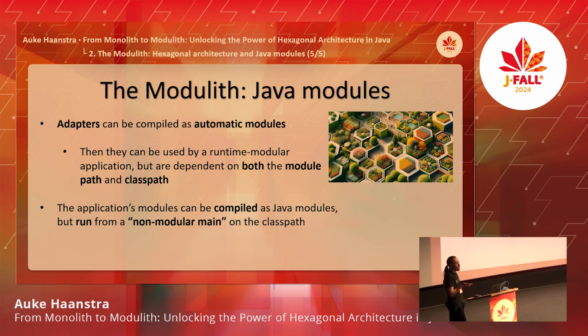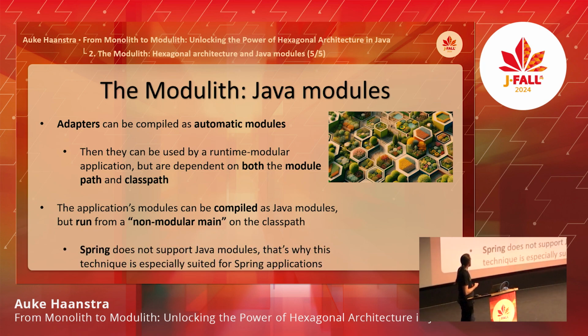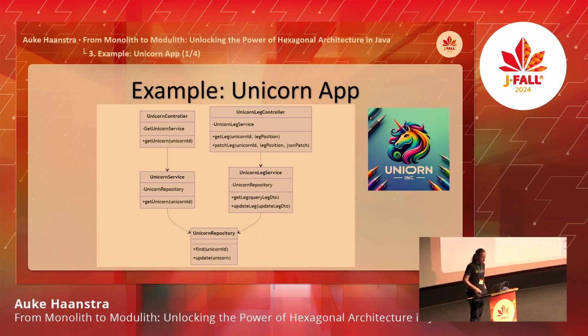So that's a main Maven module, but it's not a Java module. So in that way, you just have the compile time benefits of Java modules, but you don't have the complexities of getting it to work with Spring. Yeah. So this is what I just told, actually. Let's see.